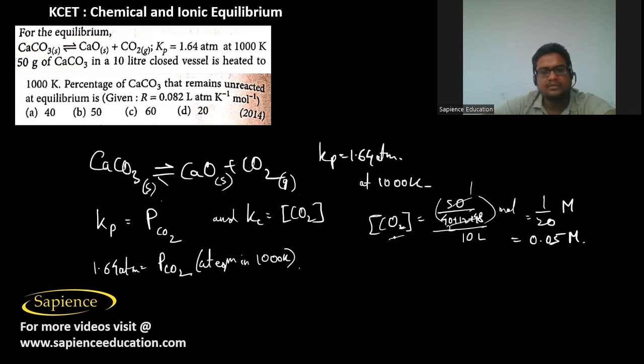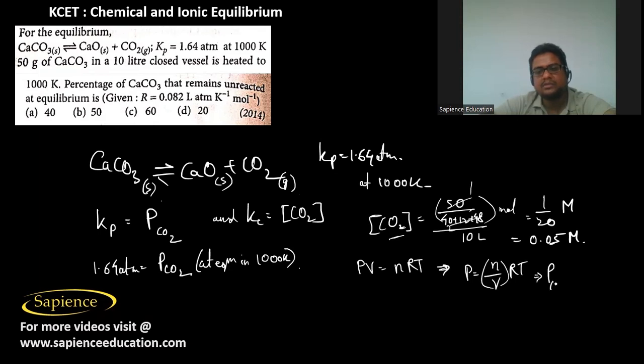So now if we assume that CO2 is an ideal gas, then from here we can find out the pressure of CO2 by using PV equals nRT. So P equals n by V into RT. So n by V is the molar concentration.